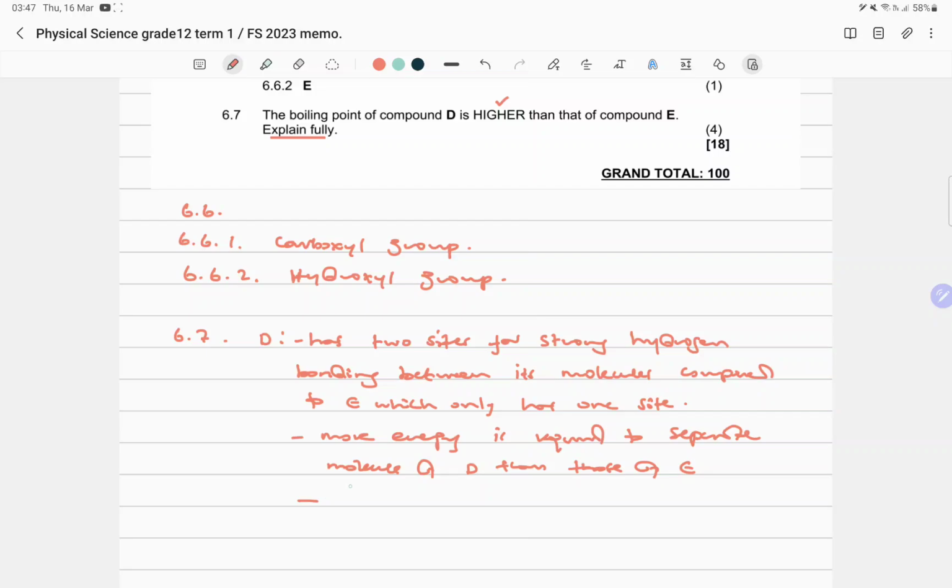The other story is that therefore D will have a higher boiling point than E.